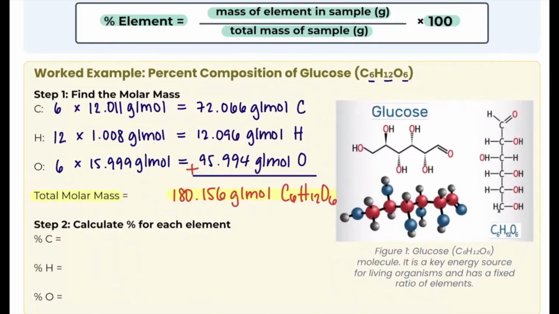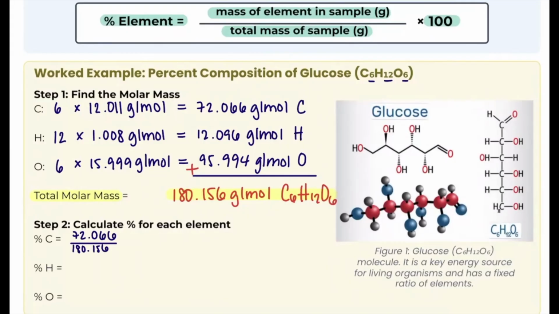And a common mistake is that students will put the molar mass of carbon by itself, which is 12.011 grams per mole, but that's not right. You have to multiply by the number of atoms present. That's the total molar mass of carbon in this sample. And then you're going to divide that number by the total molar mass of glucose that we solved for, which is 180.156.